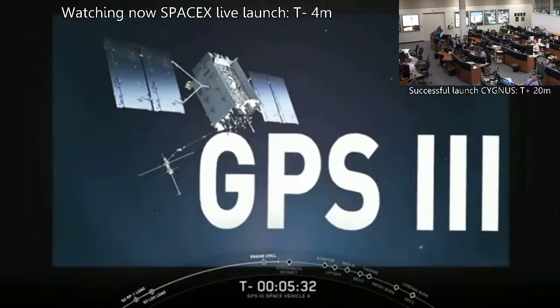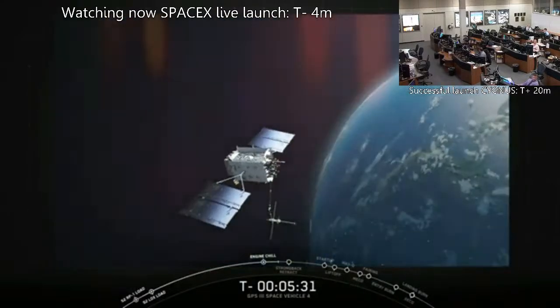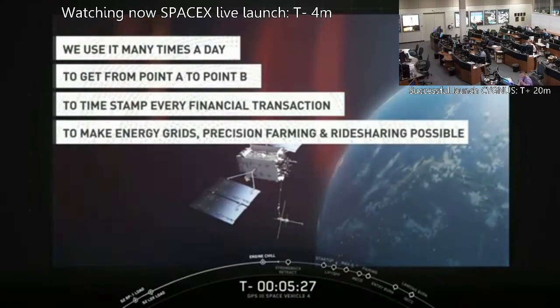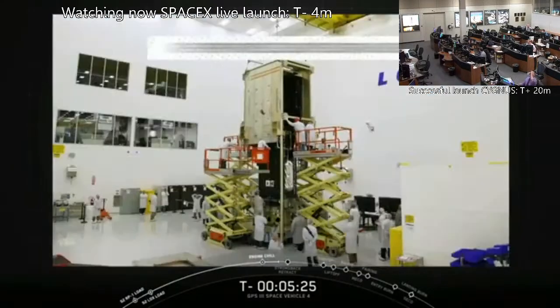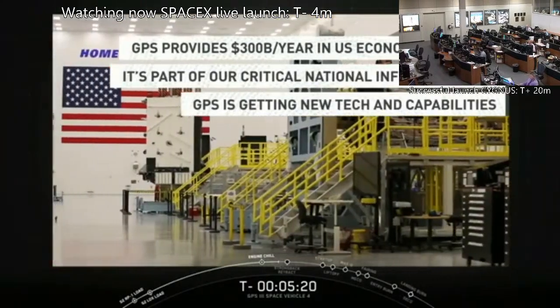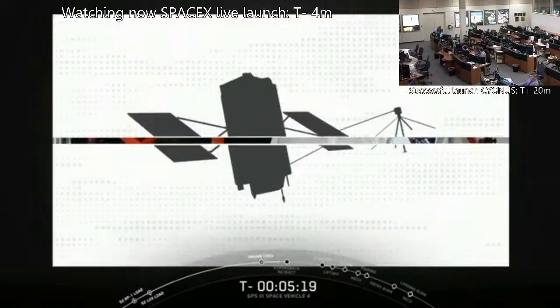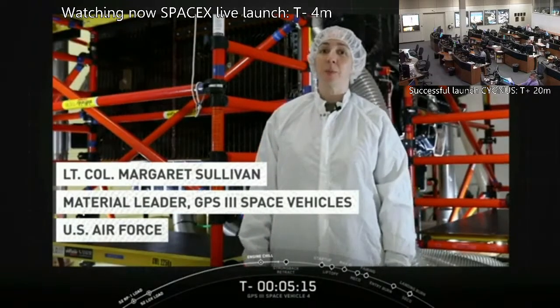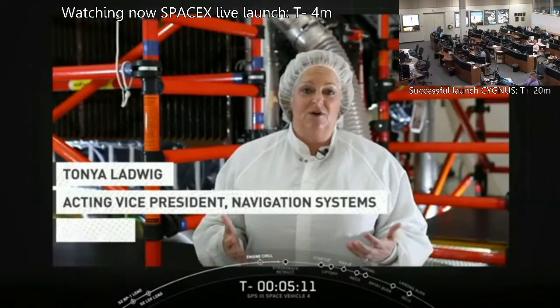We use GPS every day. Today, everyone has GPS technology in their pocket. 25 years of space-based position, navigation, and timing, supporting the entire world. GPS touches the lives of everyday people all the time.